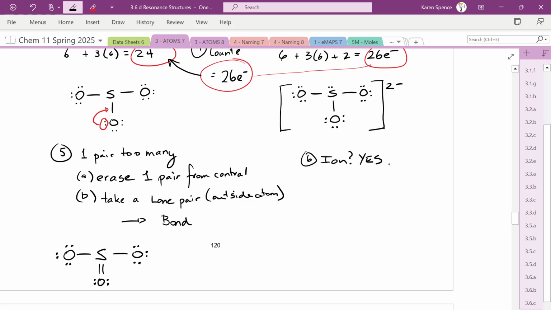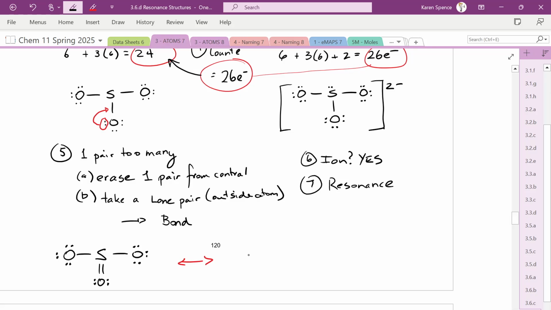Is it an ion? No. Step 7, is there possible resonance? Do we have a double bond that could go somewhere else? Yes. So we're going to have to draw that double-headed arrow.